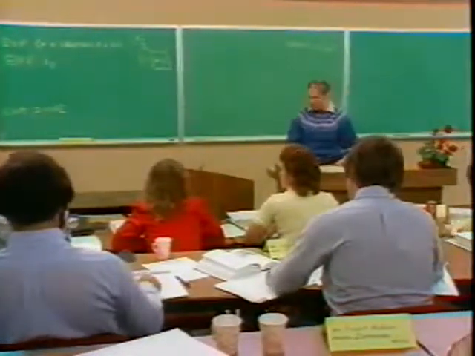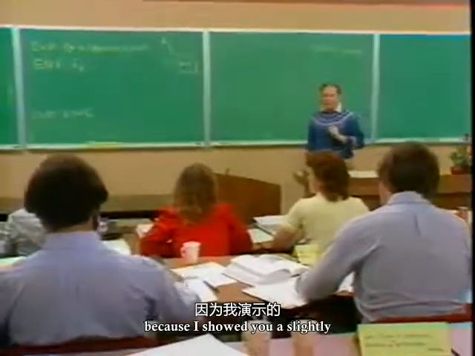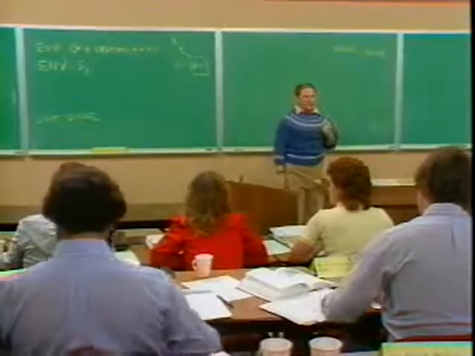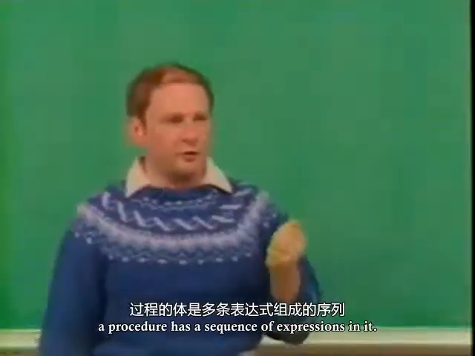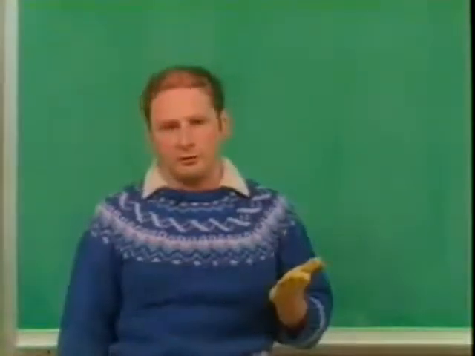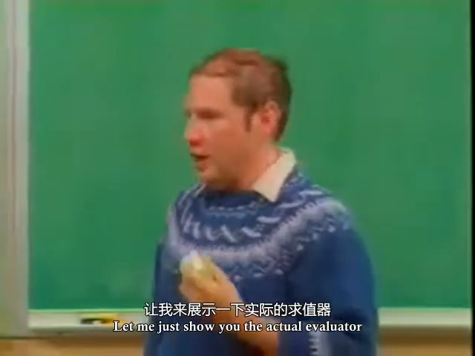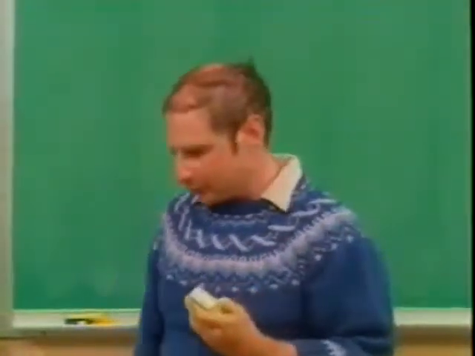Okay. Well, I lied to you a little bit, but just a little bit, because I showed you a slightly oversimplified evaluator, where it assumes that each procedure body has only one expression. Remember, in general, a procedure has a sequence of expressions in it. So there's nothing really conceptually new. Let me just show you the actual evaluator that handles sequences of expressions.